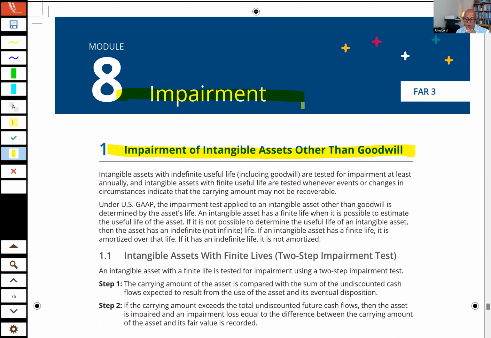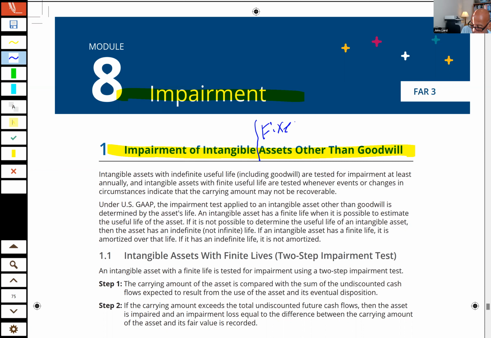And so if it falls below that amortized cost, that depreciated cost, then we have to write it down to that lower impaired value. Now, when we look at this, we're looking at impairment of intangible assets other than goodwill, but it would also work the same for fixed assets.